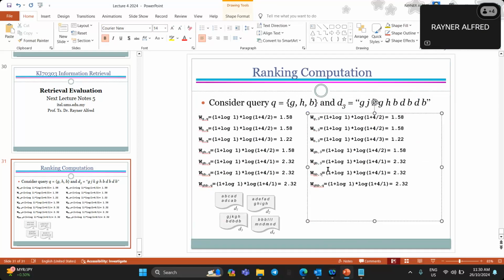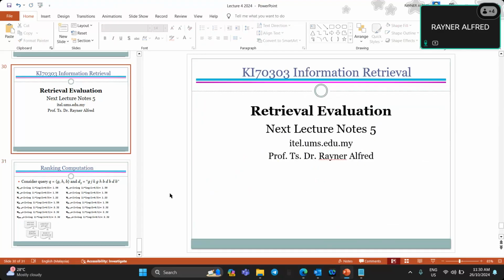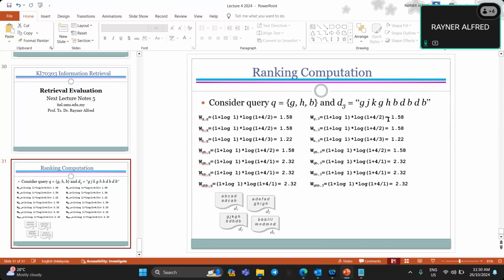The rest is still the same for the number of documents, so this part is all the same. We need to change here. So here, how many times does G exist? 1, 2 times, right?